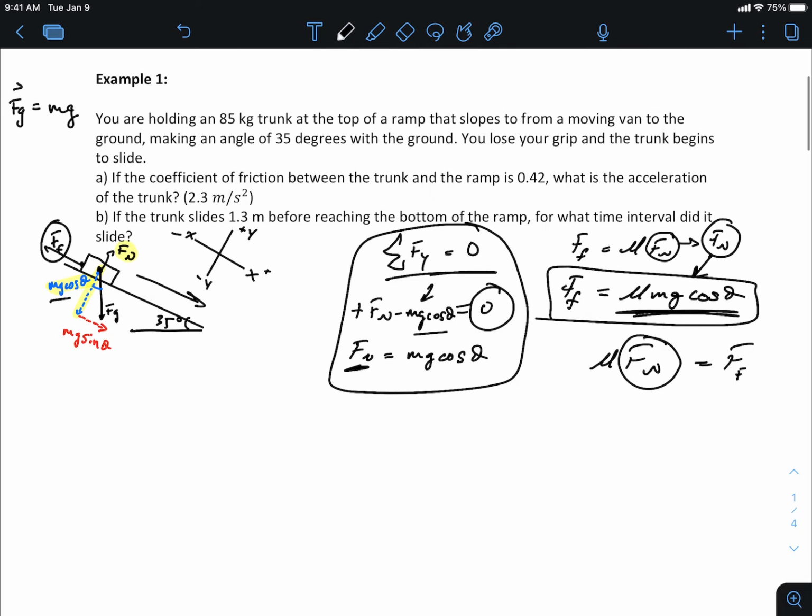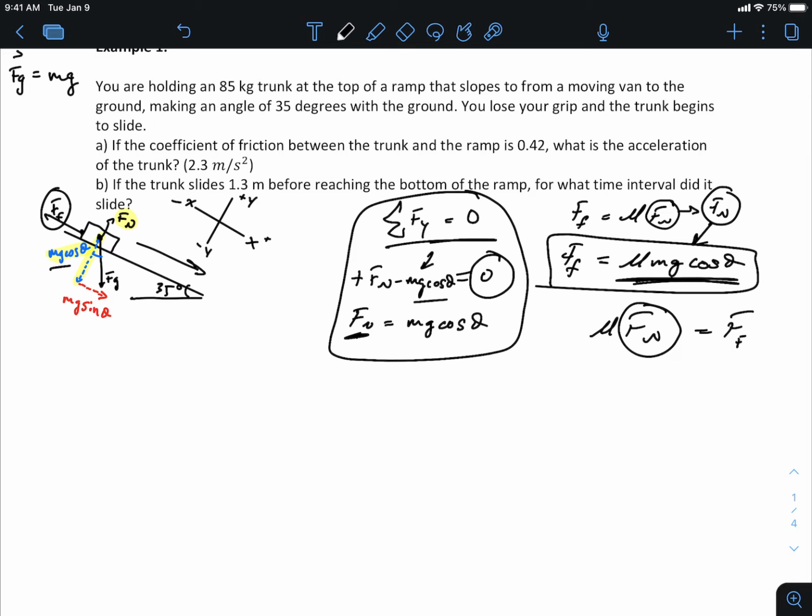So if I actually go to find the acceleration of this box, I'm looking at the two forces acting in the x direction. What are the two forces that I have? Well, the sum of the forces in the x direction has to equal ma, right? Which two forces? Oh no, two, sorry.